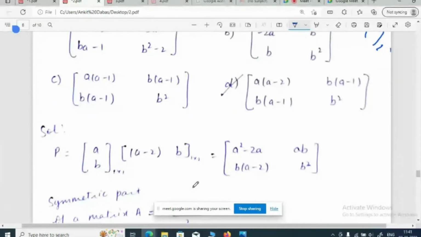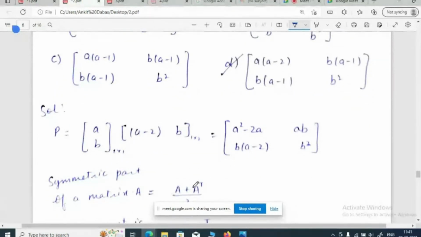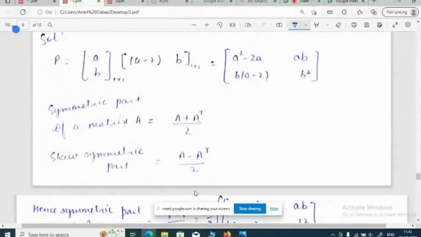So P is the product of the column with (A minus 2B). This gives us this matrix: A square, minus 2A, AB, B into A minus 2, and B square. For the symmetric part, we have the result that it is 1 by 2 of A plus A transpose.